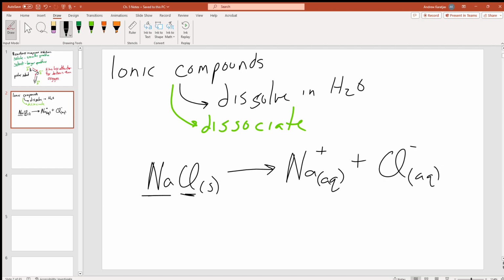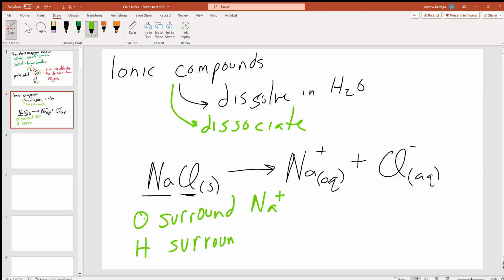And the reason that they're able to do that is if we think about the polarity of the water molecule we just discussed, the oxygen part of the water molecule is negatively polarized, and so those oxygens are able to surround the cation, the sodium, and then the hydrogen, which is the positive end of our dipole or of our polar molecule, is able to surround the chloride ions.